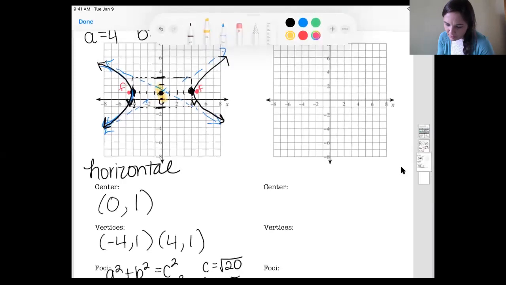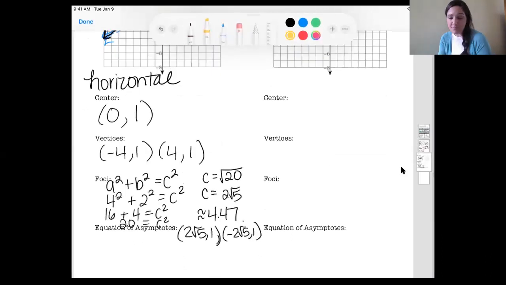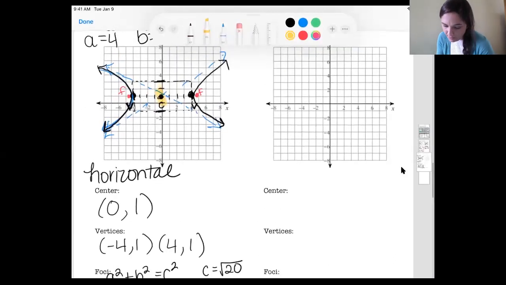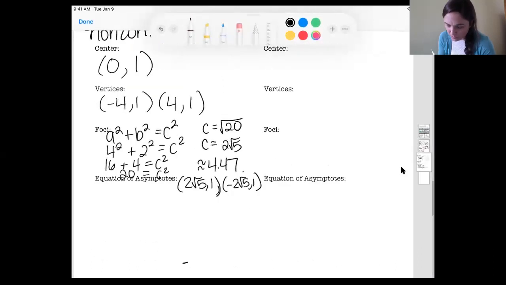My slope, it looks like it rises 1 and it runs 2. So my slope is +1/2, and then going in the other direction, it'd be -1/2 for the other asymptote. But I'm going to be consistent. So we could say y is plus or minus 1/2 x plus 1 by looking at the graph.